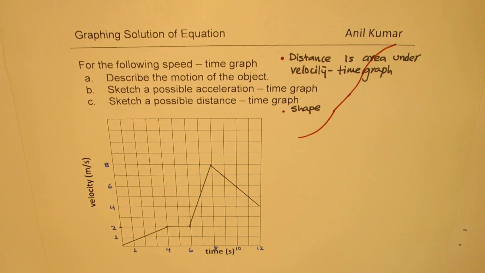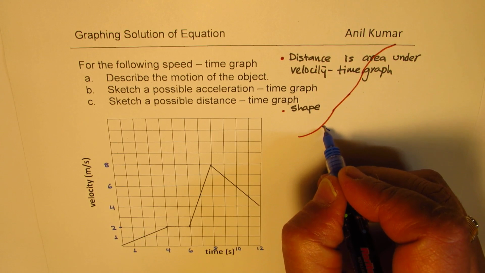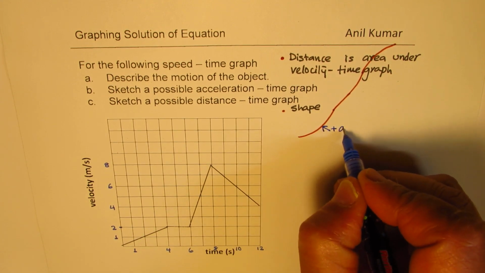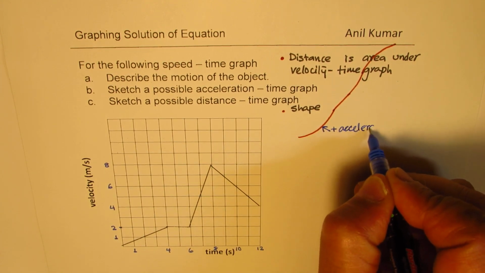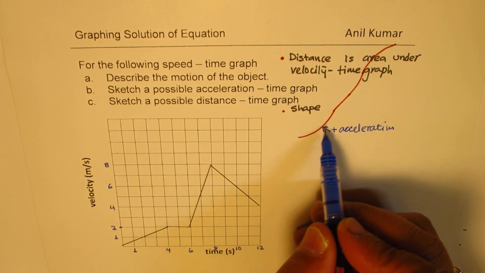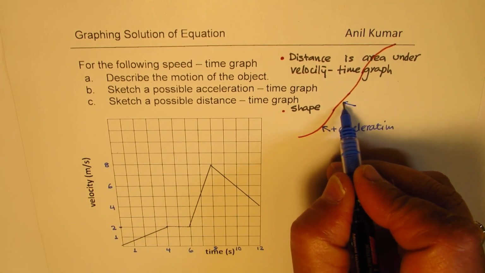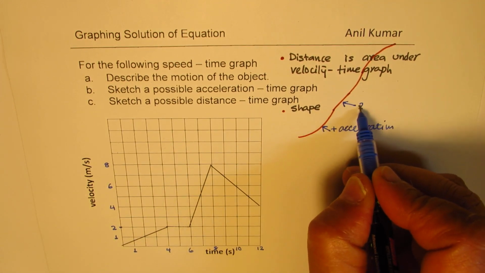So when there is an acceleration, right? If there is a positive acceleration, in that case, the distance time graph will have a parabolic path like this. And here, the acceleration is 0, right?